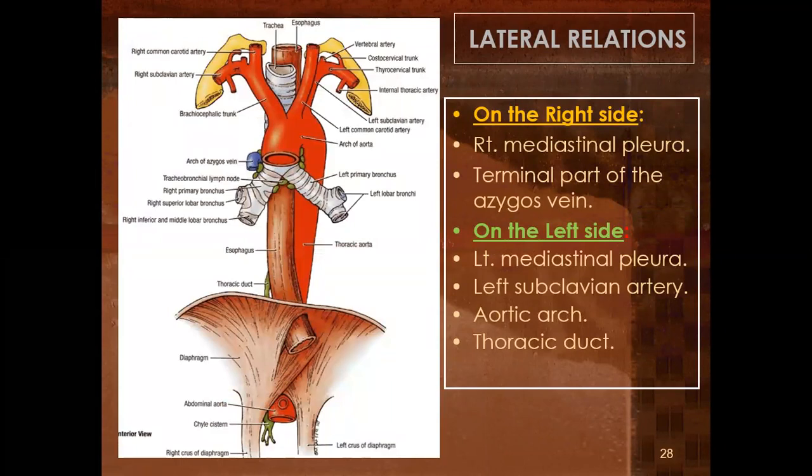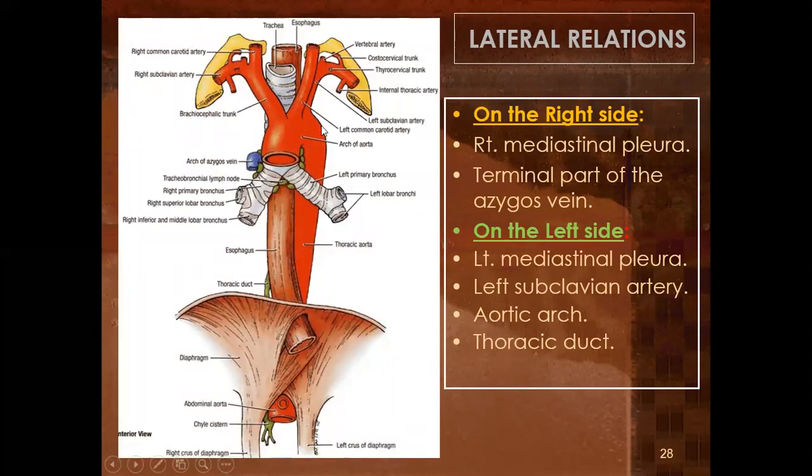What is on the lateral side? On the right side, we have the right mediastinal pleura and the terminal part of the azygous vein. We already saw this is the azygous vein, and this is its terminal part. On the left side, we have the left mediastinal pleura. Here will be the left pleura as well as the lung. The left subclavian artery will be there, as well as, if you can see here, the aortic arch.